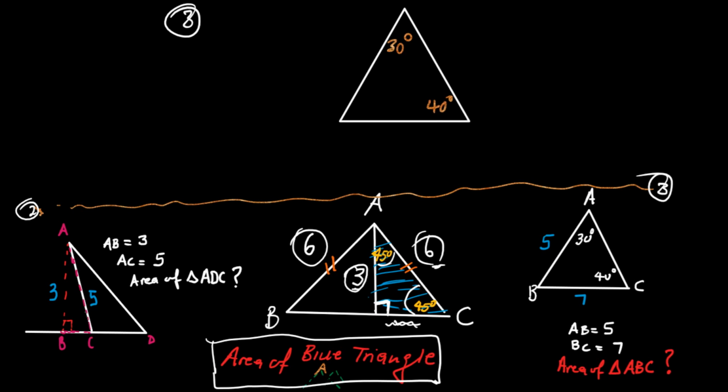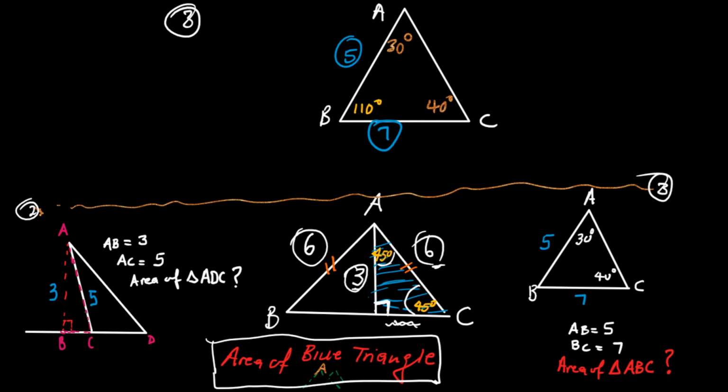And this one should be 30 plus 40, which is 70, and then 180 minus 70, which is 110 degrees. Okay, so this is angle A, this is angle B, and this is angle C. Further we are given that this is 5, and this one is 7.